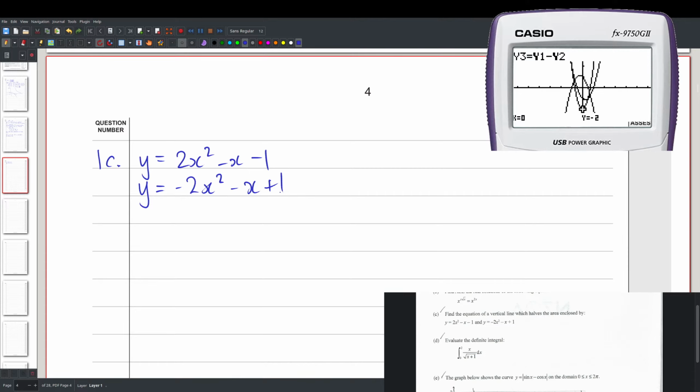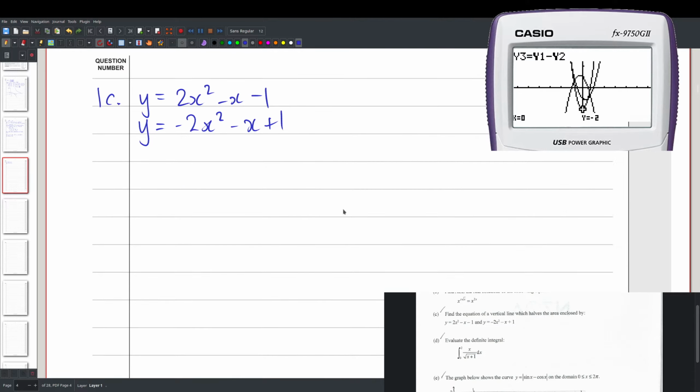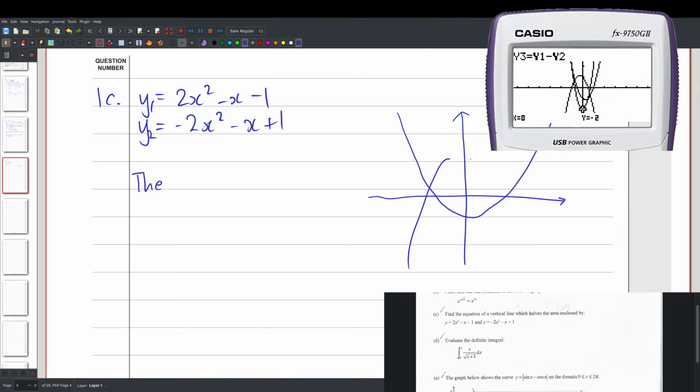So yeah, let's say y1 equals this, y2 equals this. So y1 is like this, y2 is like this, right? I'm just drawing off what I see on the calculator.